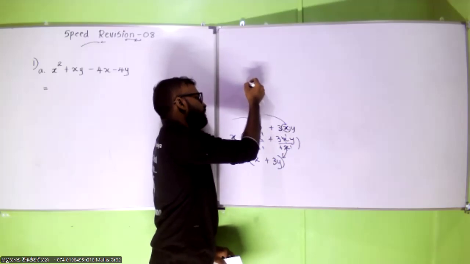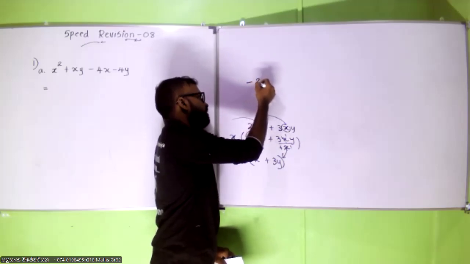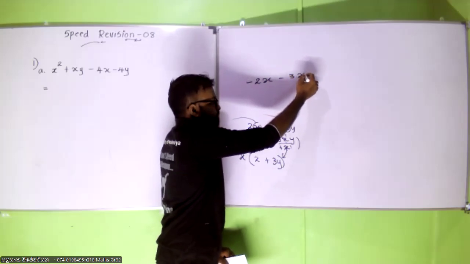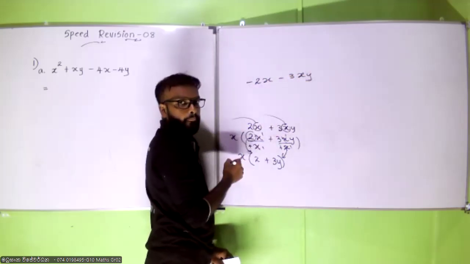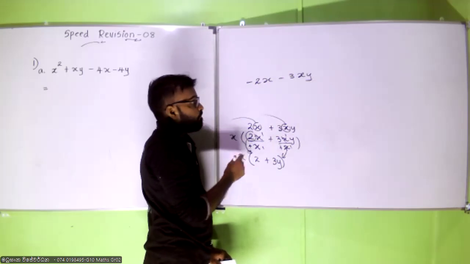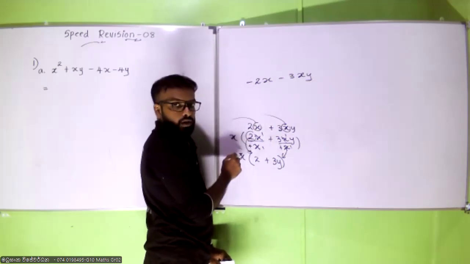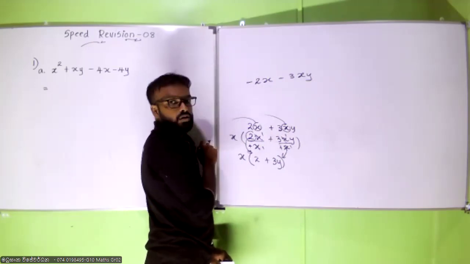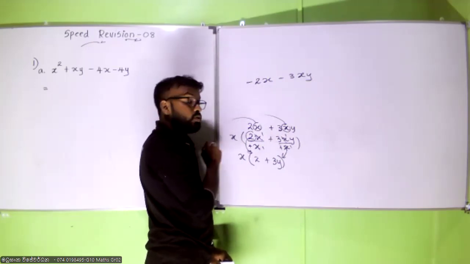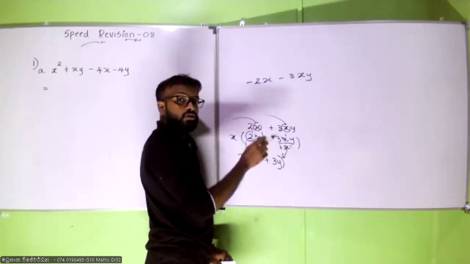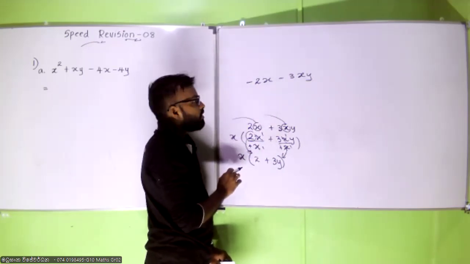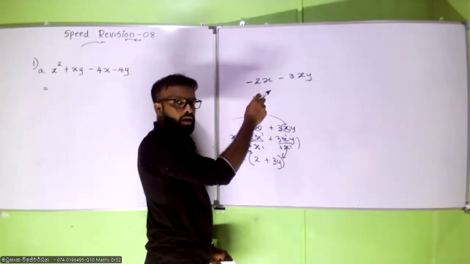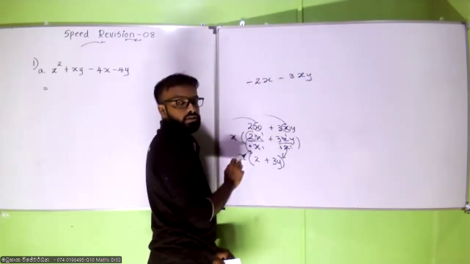So for an example, if I tell you now this is negative 2x, negative 3xy. Now you can see x is also a common term for these two terms. And also this negative sign is also common. So both negative and x are common term for both of these terms.